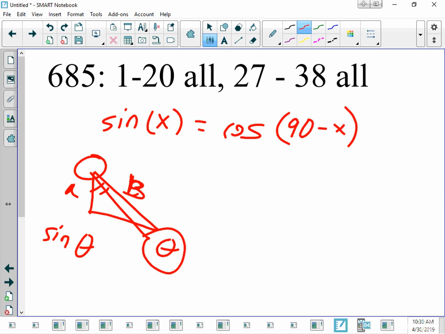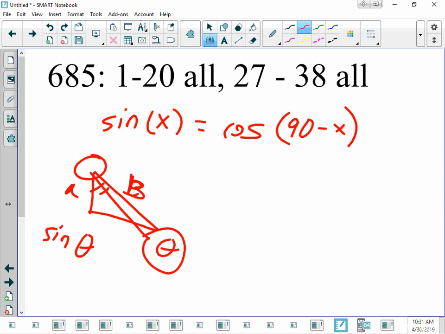Yes? Nope. Number 2 would be 90 minus a, sine of 90 minus a. Yeah, and the cofunction formulas are on your sheet. So let me see yours. So if you look, cofunctions, anybody see them?